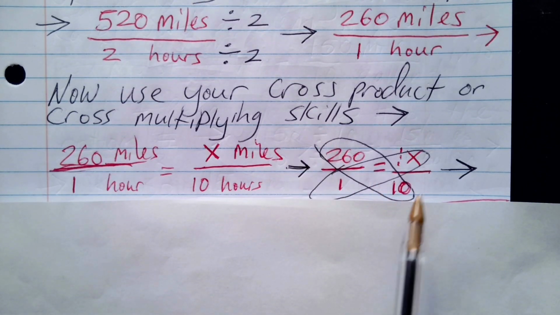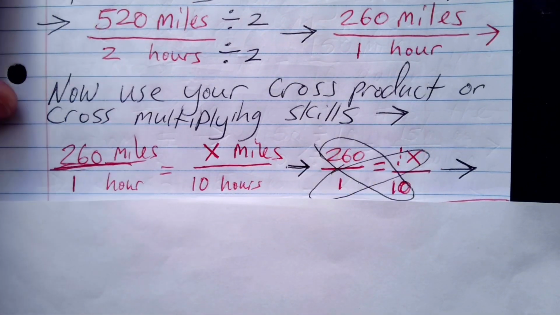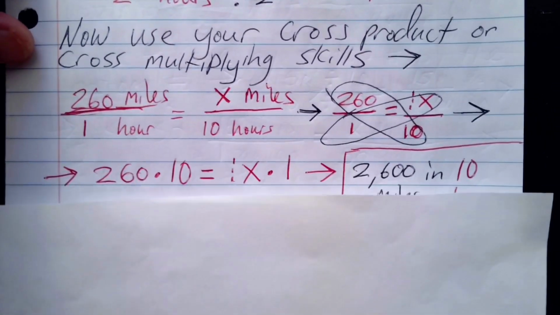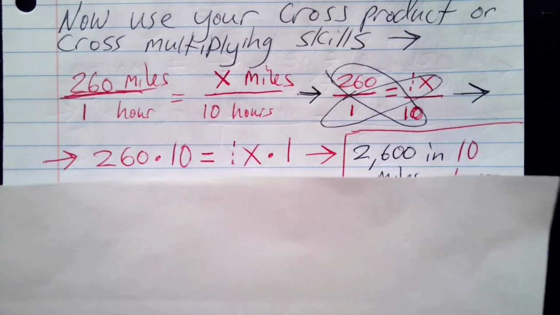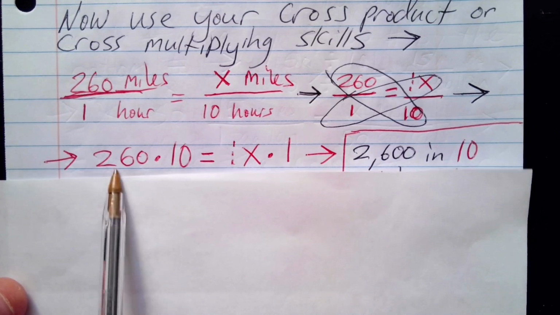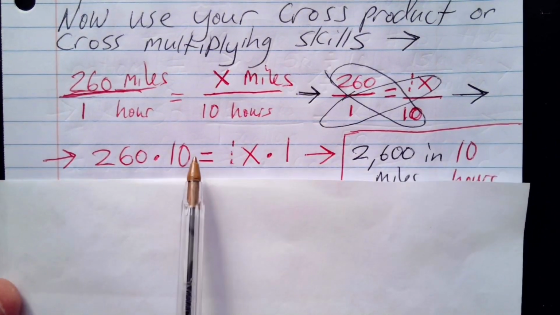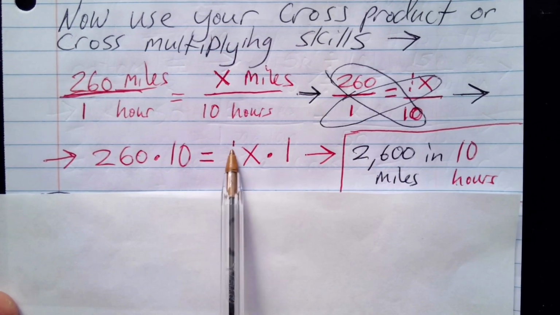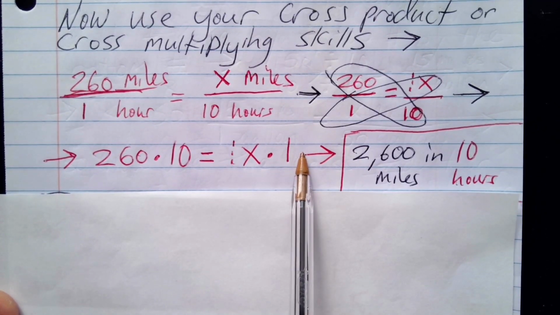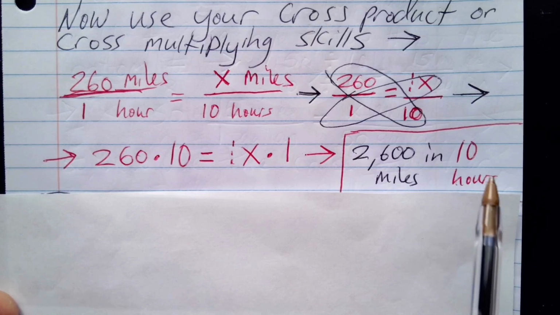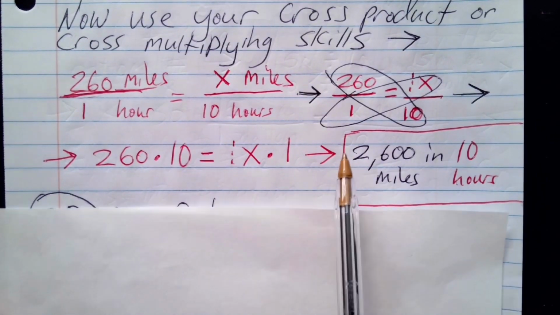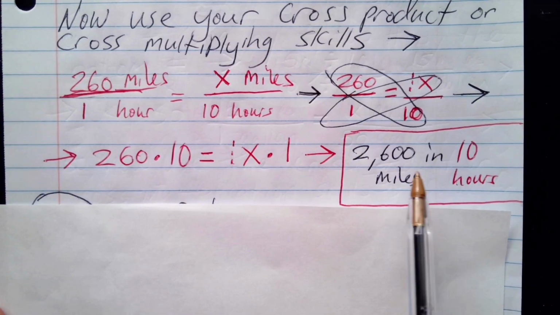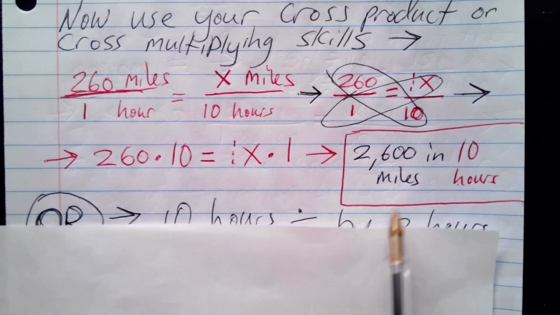Let's go ahead and move forward, and you can see 260 times the 10 gives you 2,600 miles. So x equals 2,600 miles in 10 hours.